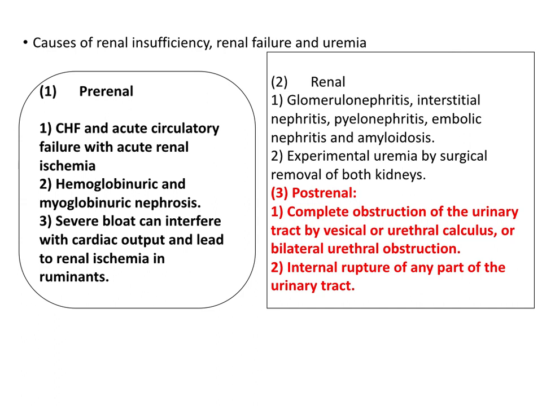Number 3, post-renal causes, which include complete obstruction of the urinary tract by vesical or urethral calculus or bilateral ureteral obstruction. Number 2, internal rupture of any part of the urinary tract.